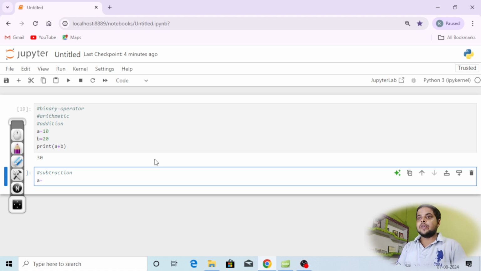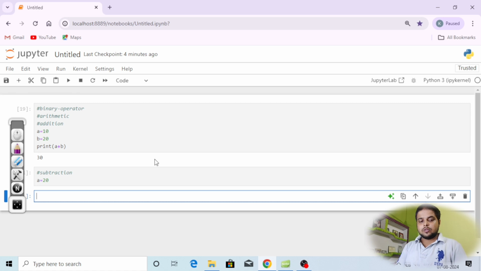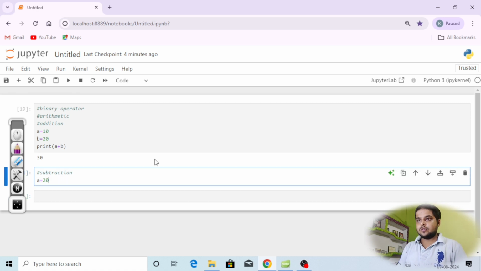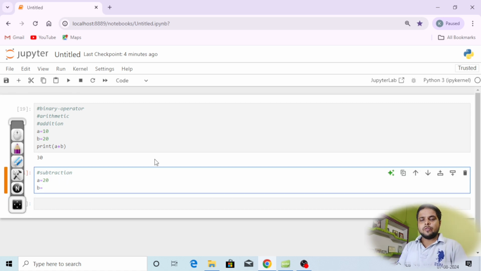Now the next topic is subtraction. Now we will take a variable A equal to 20. The next variable is B, because we need two operands. To perform arithmetic or binary operators we need two operands or more than two, not only one. Binary operator means it takes two operands.